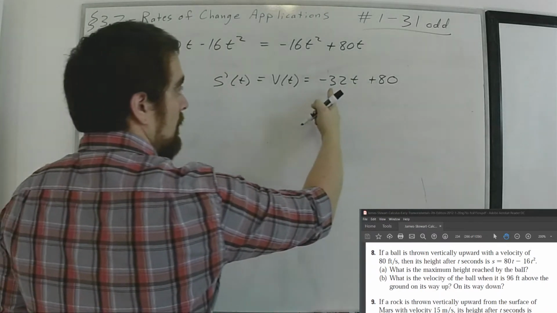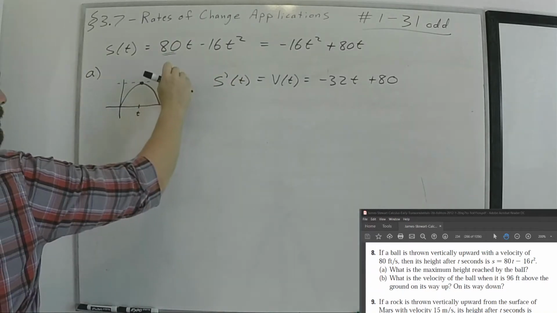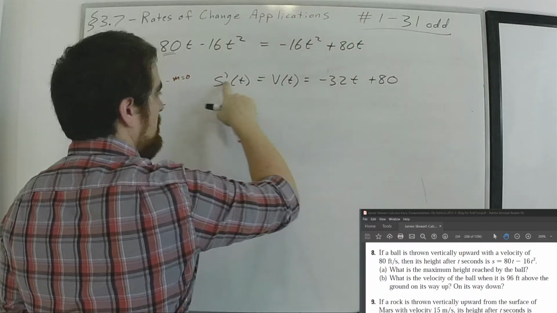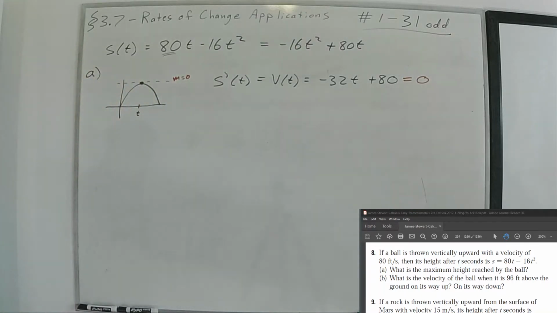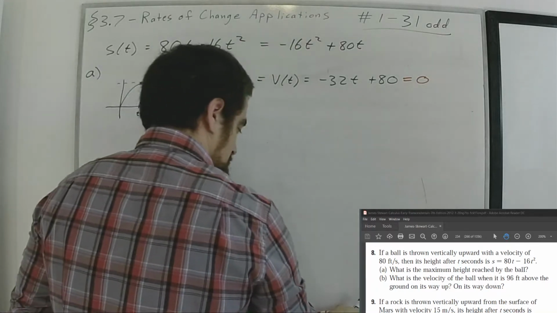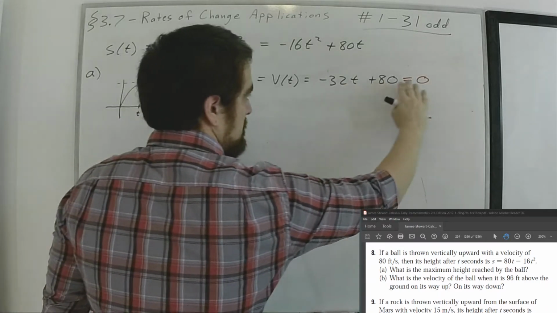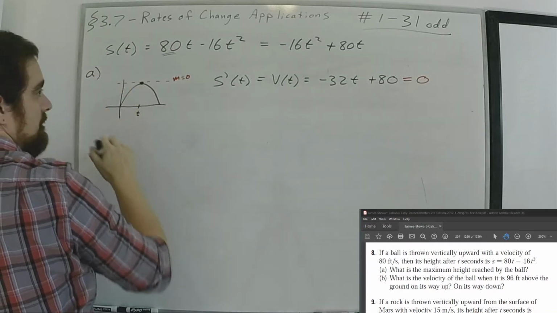Now, what do I want to do with that? I want my slope for that tangent to be 0, means I want my derivative to be 0. I don't want any sort of positive or negative slope for my derivative, so I can take that derivative, set it equal to 0, and figure out what point that happens at t and s of t.